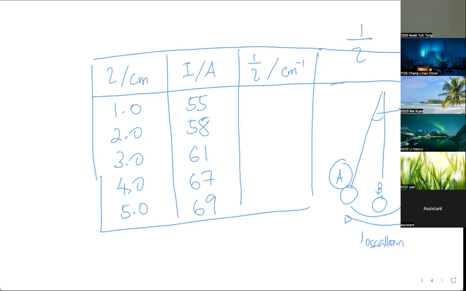Can we just do 5? Normally you do at least 10, ideally 20. Don't do 5 because 5 is too little to factor in all your reaction time and so on. So do more.